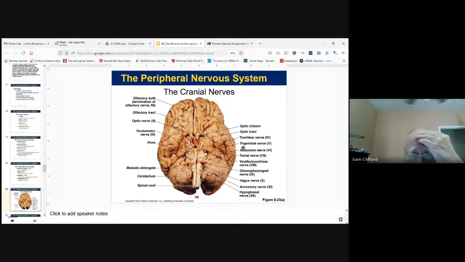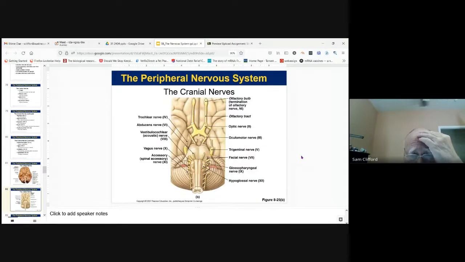You should know the general function. And here's all of the cranial nerves. So here we have a good picture. Make sure in WebAssign you can identify all of these cranial nerves and their general function.